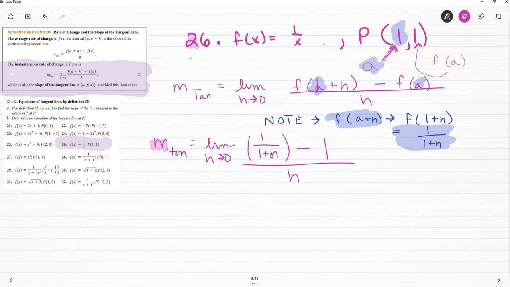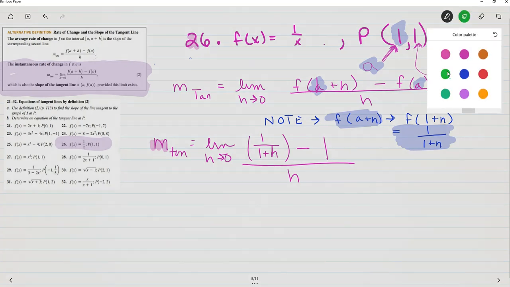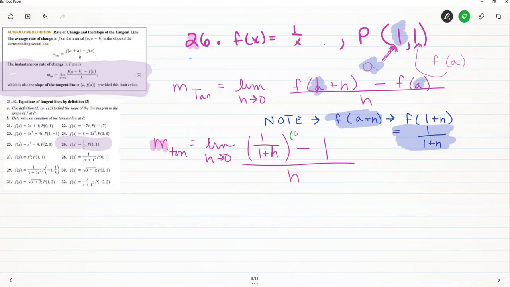The manipulation I'm going to use is to simplify this fraction by multiplying everything by the denominator, 1 plus h. If I multiply the numerator and denominator by 1 plus h, I've got to distribute that 1 plus h to both of the pieces of the numerator, and then multiply the denominator by 1 plus h.